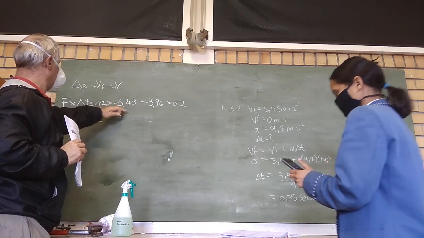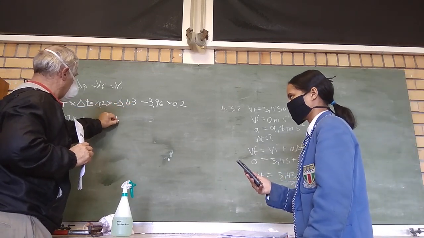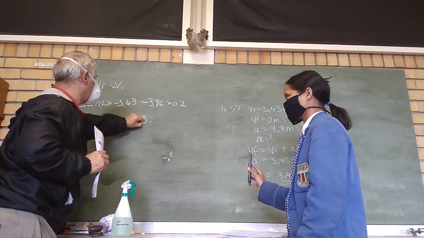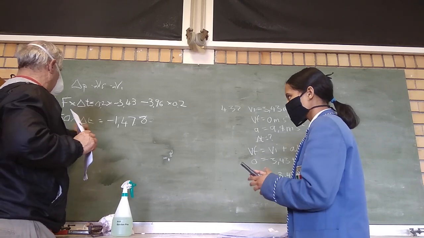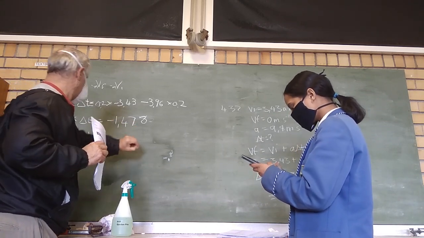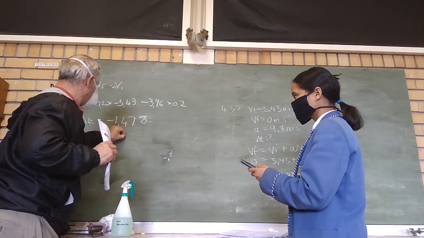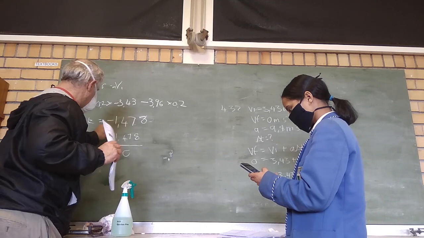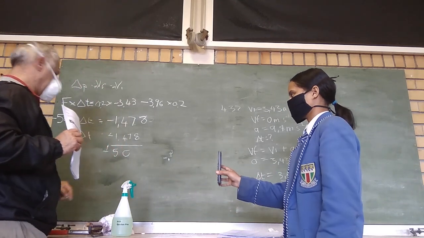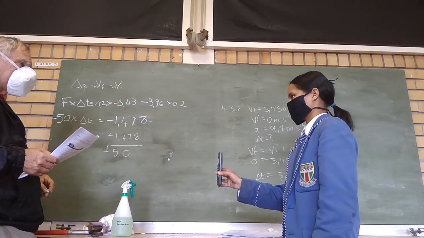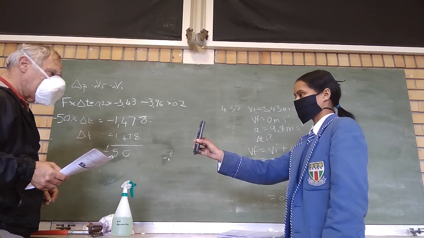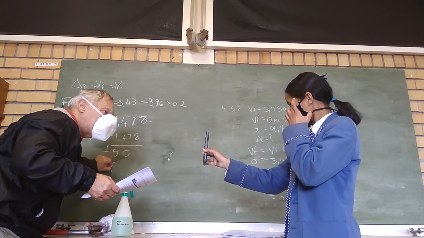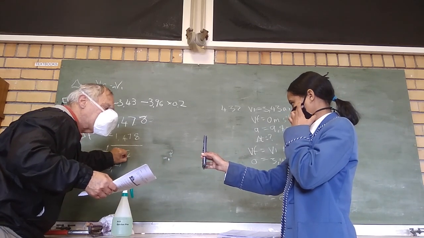So now delta T is going to be minus 1.478 divided by minus 50. Minuses cancel out. You also get 0.295 seconds. Okay, now let's see what you did and see if it's possible.